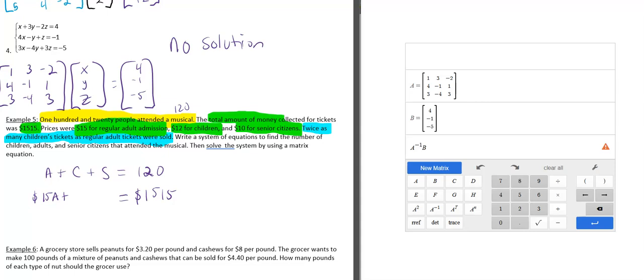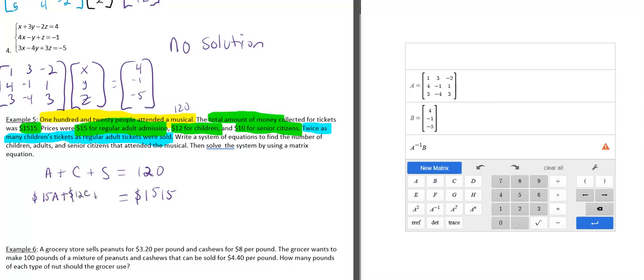We don't know if we sold $15 worth of adult tickets, meaning we sold one ticket, or $30 of adult tickets, which means we sold 2A, or 3A. We don't know. But we do know it's $15 per adult ticket. And then each child ticket is $12. So we know the price of that.